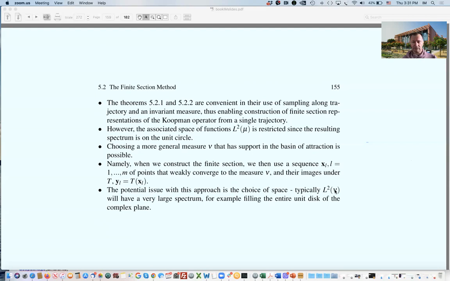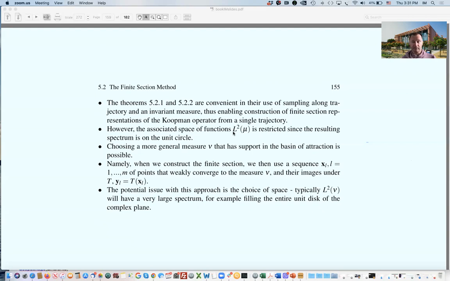But if you notice, even for L2 of mu, you might have worries about, hey, now I'm computing some things with respect to the invariant measure, I need to integrate. We found a way of finding the coefficients in the finite section just by sampling points along trajectories.